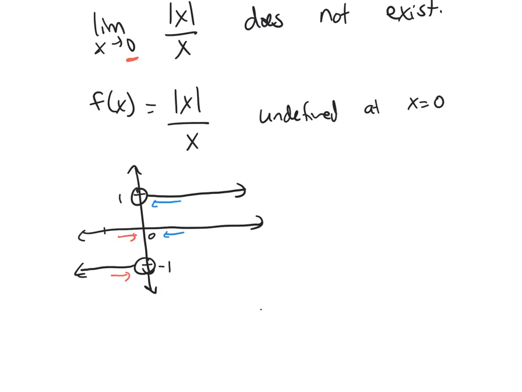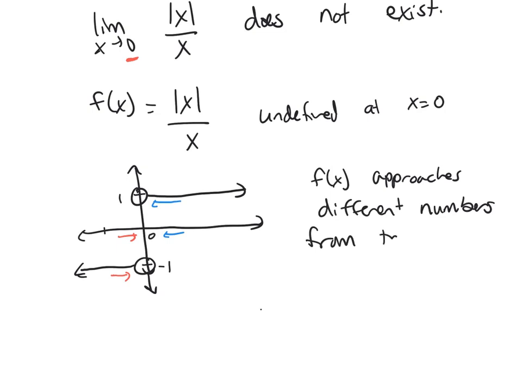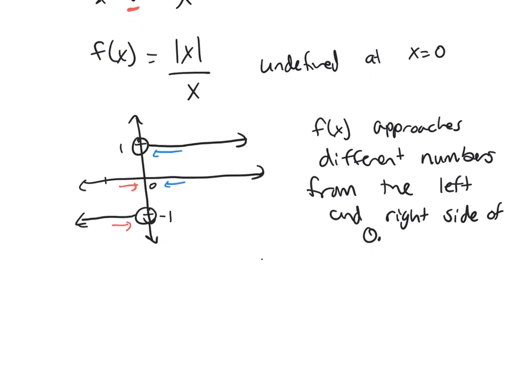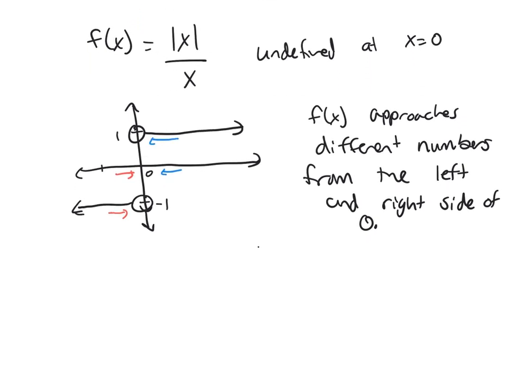So the problem here is that my function, f of x, approaches different numbers from the left and right side of 0. So basically, what this means is that the limit does not exist.